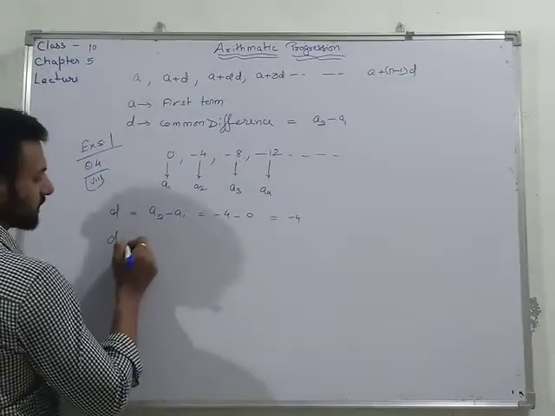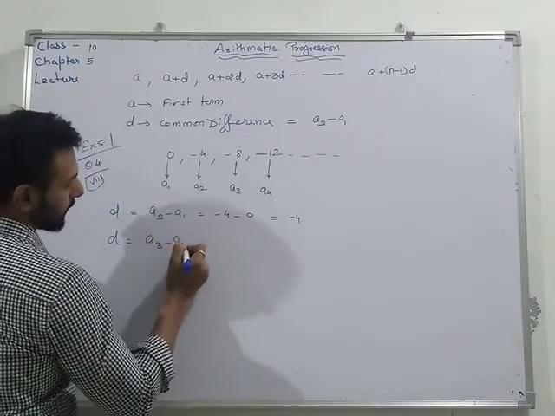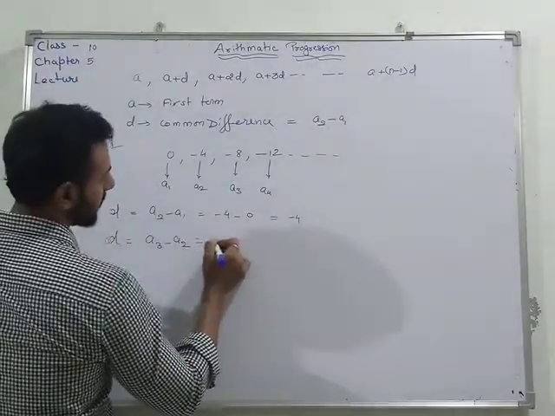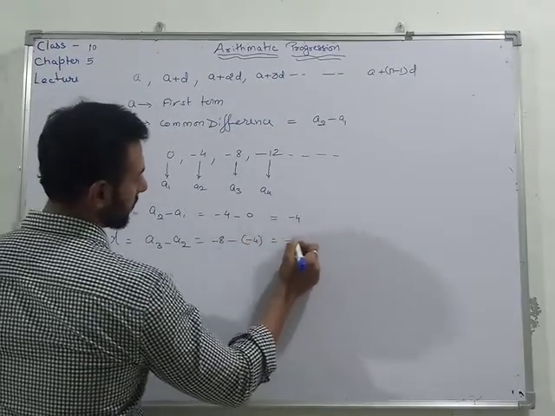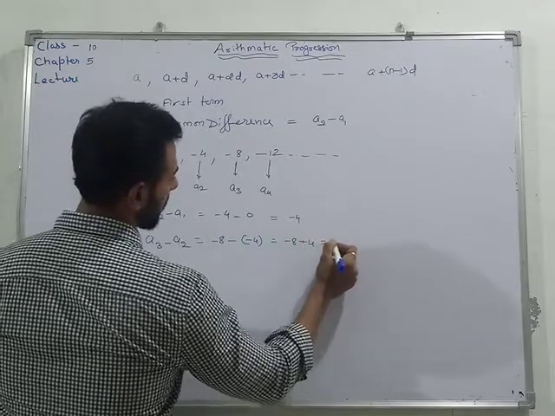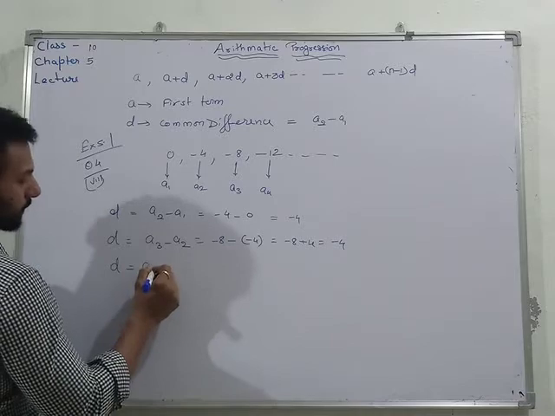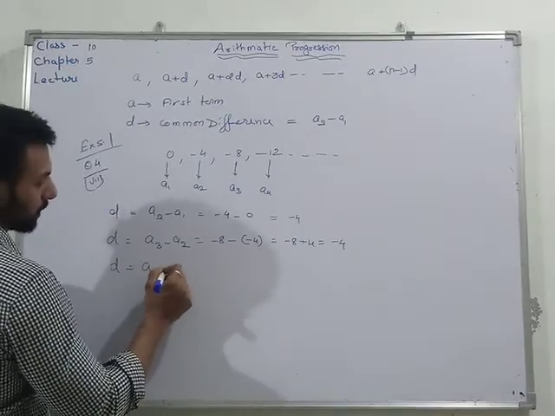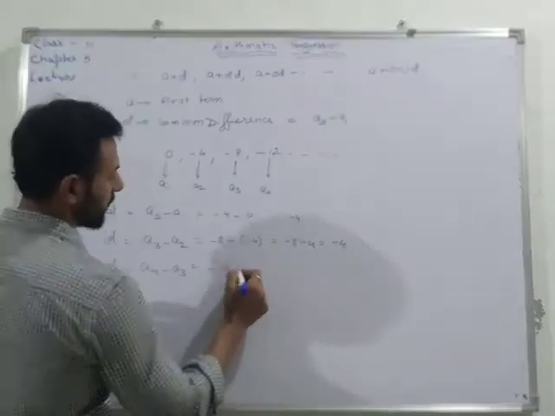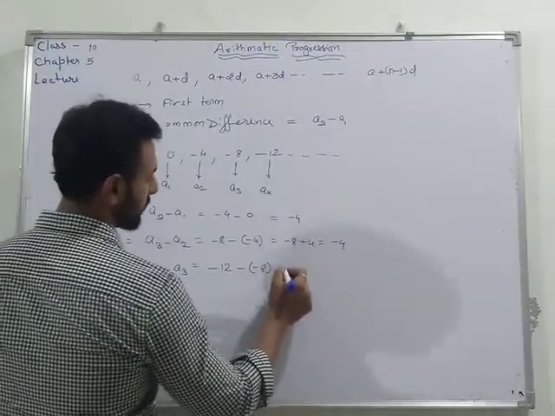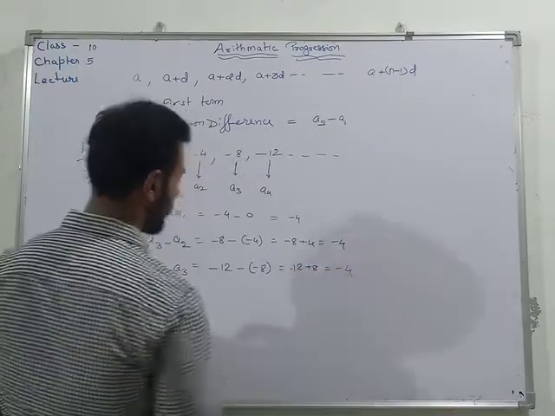Now, common difference d will be A3 minus A2, which is minus 8 minus of minus 4. So this will be minus 8 plus 4, so minus 4. And A4 minus A3 is equal to minus 12 minus of minus 8. So this will be minus 12 plus 8, which will be minus 4.